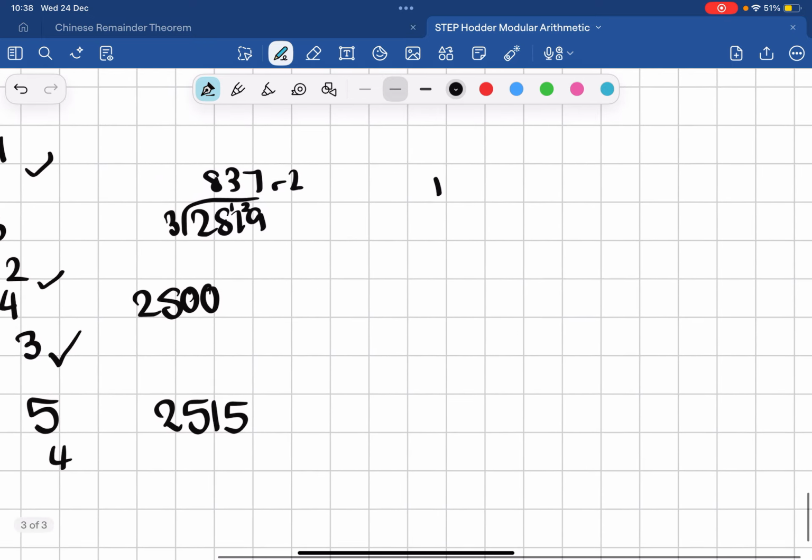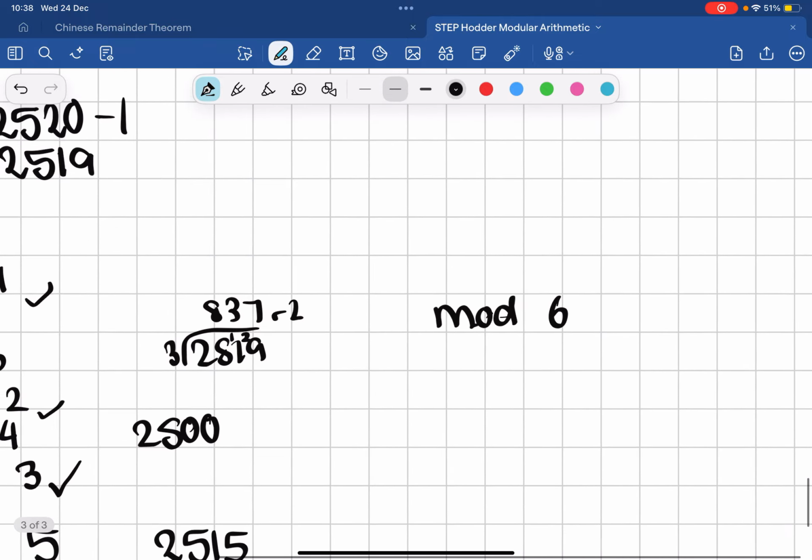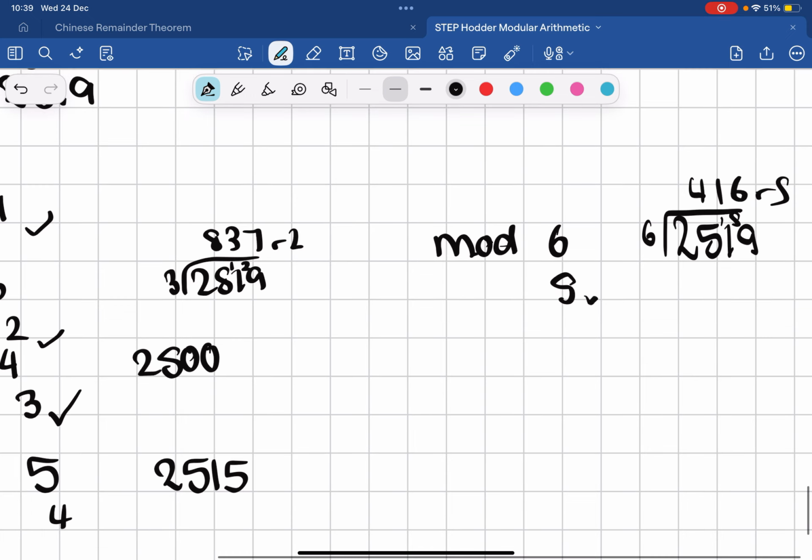Let's go over to mod 6. Well, if we quickly do 2519 divided by 6, we've got 419 remainder 5. Again, this works. Mod 7. Again, we just have to use the division.